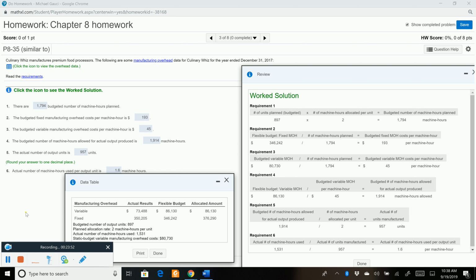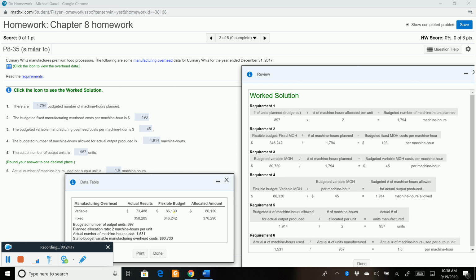So you can see down on the data table down here, I'm circling it, this is what the author has given to us. So the author gave us the variable and the fixed overhead, gave us the actual amounts, and the flex budget. All right, and remember, with the fixed, the flex budget is the same as the static budget, and the amounts that we've allocated.